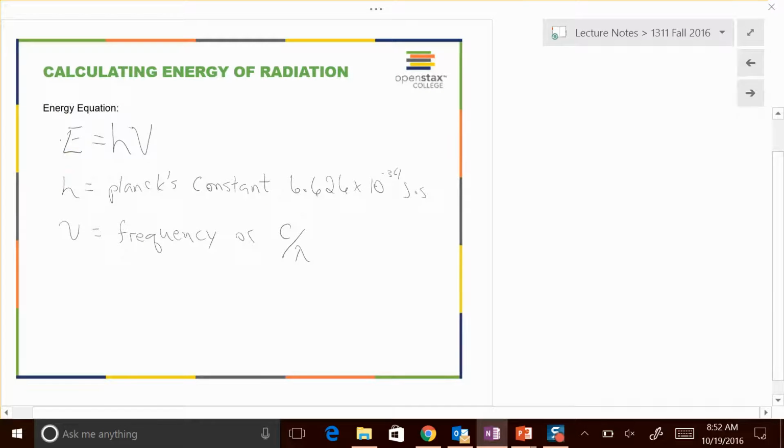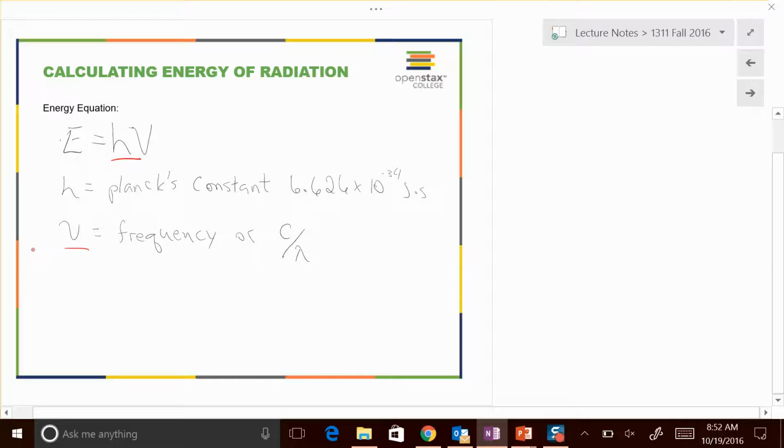Okay. The other equation, Planck's equation, to calculate energy is energy equals h, which is Planck's constant, times the frequency.